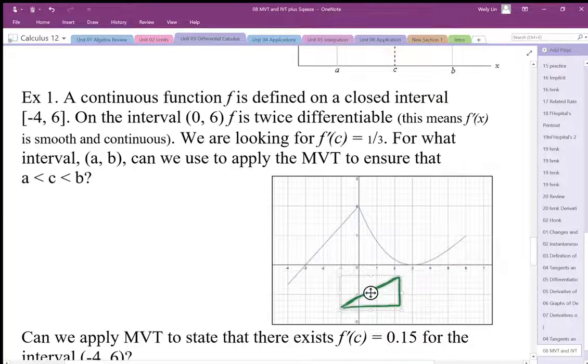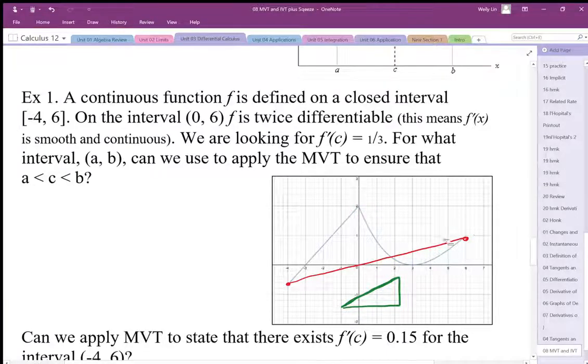But for what interval can I apply this? Can I apply this through the whole interval from here to here? Well, first of all, we can't, because in that interval it does not meet the criteria of smooth and continuous. So we don't have the condition that we need to apply the mean value theorem.